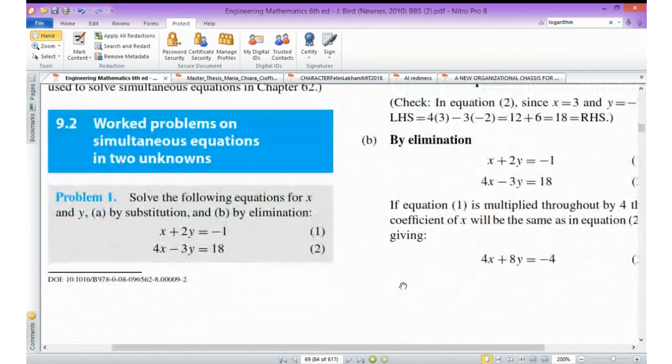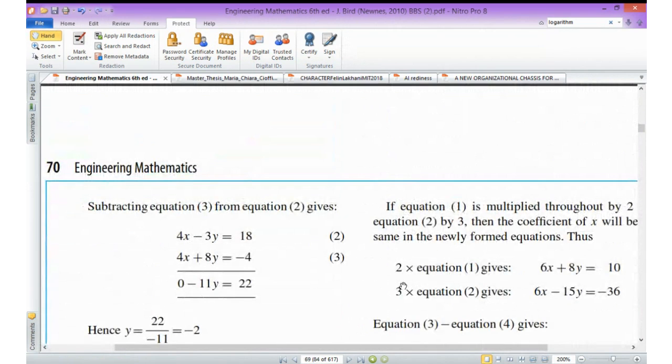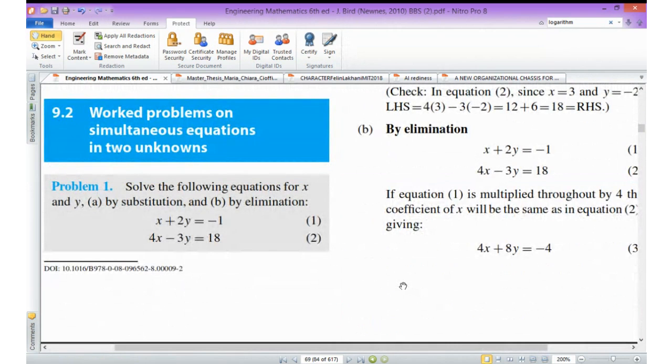Let's look at example 1, or problem 1. Solve that particular set of unknowns, x and y, by applying elimination and substitution methods.